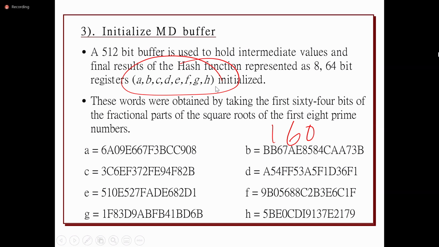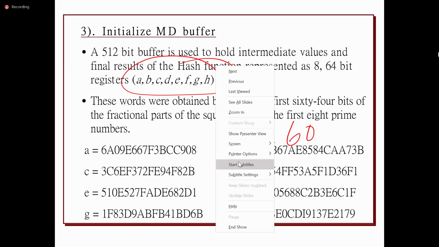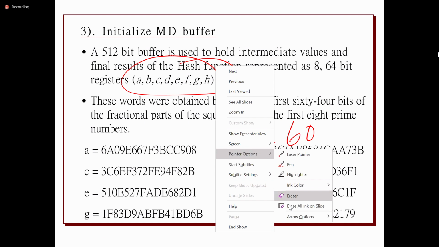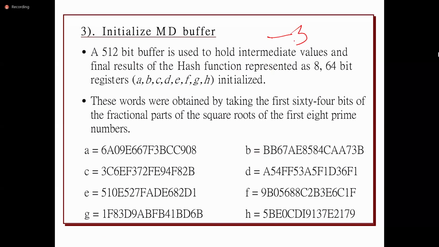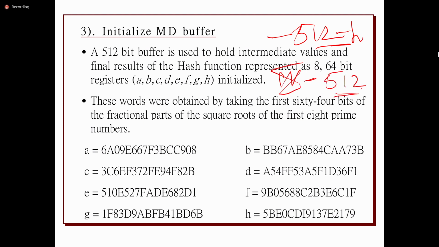So SHA-512, not 160, the SHA-512 algorithm is going to produce a 512-bit output hash code. So the initial vector will have 512 bits of data. This 512 bits of data will be stored in 8 buffers or 8 registers. The size of each register is 64 bits.